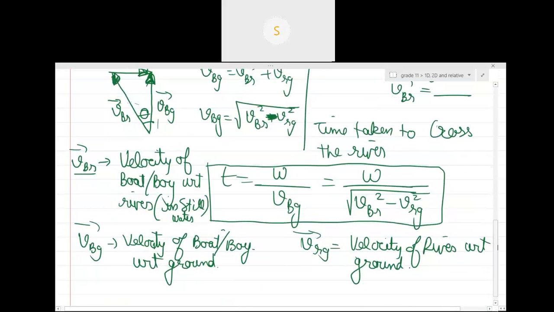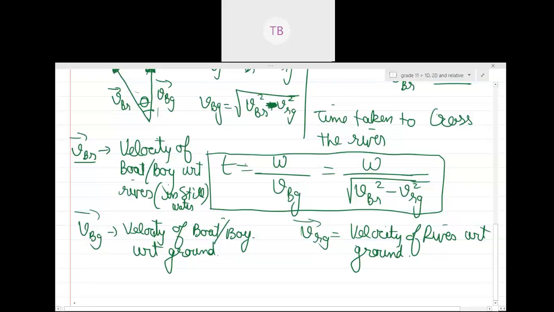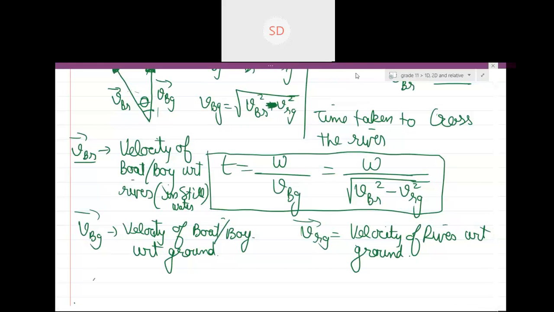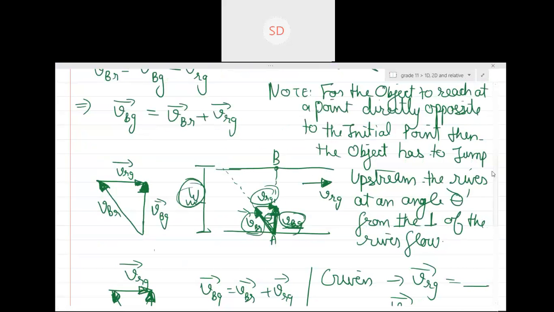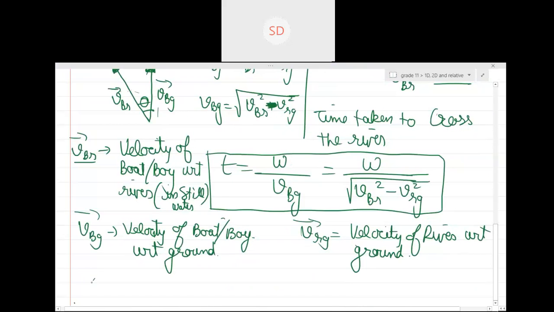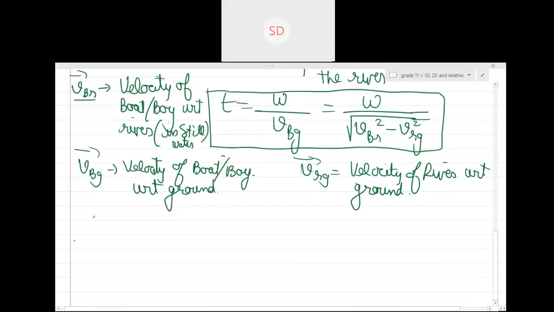Okay, one is basically the time taken to cross the river. Apart from that, there is one more thing, which is basically what should be the angle. So I'll give you the question and then with the help of the question we'll understand.